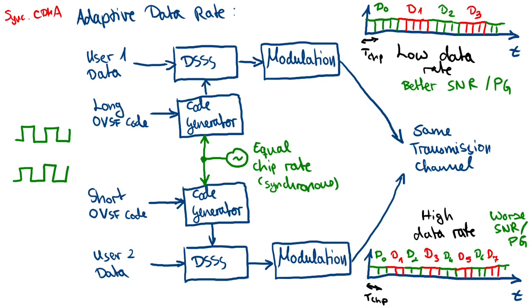Whereas if you are in the city and you are probably nearby a base station, then you have high data rates because you have good signal to noise ratios there. You don't need a high processing gain, so your cell phone can adapt to a higher data rate and pack more data symbols within the same time.